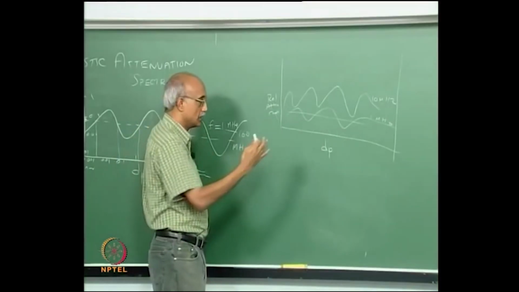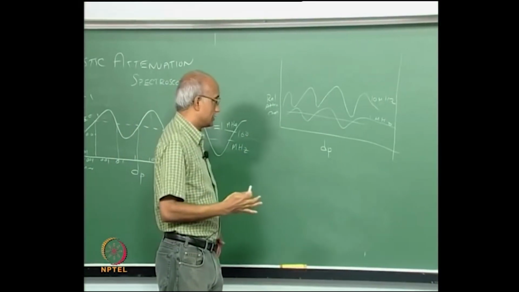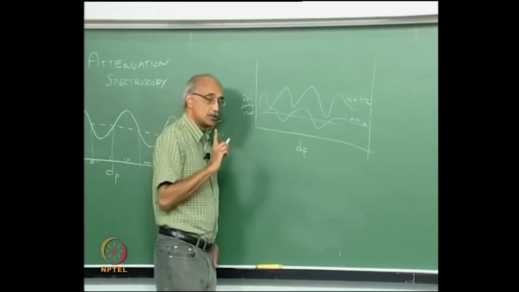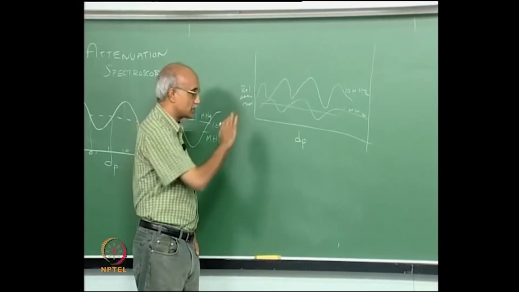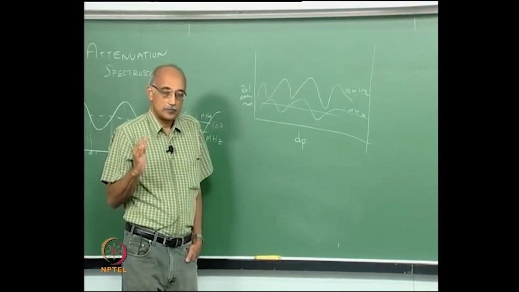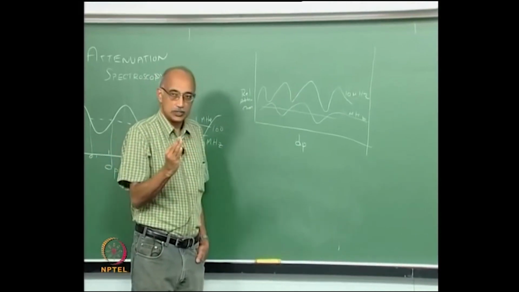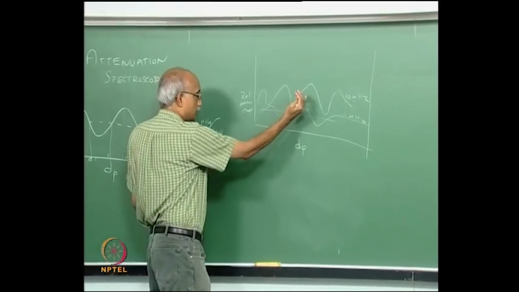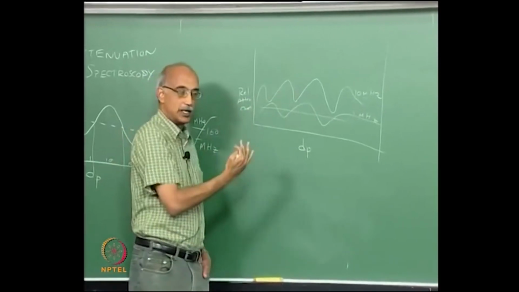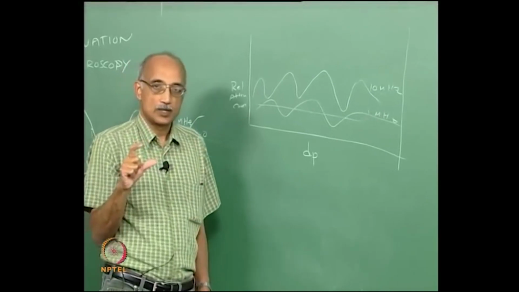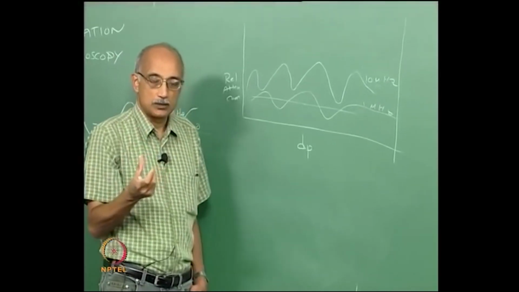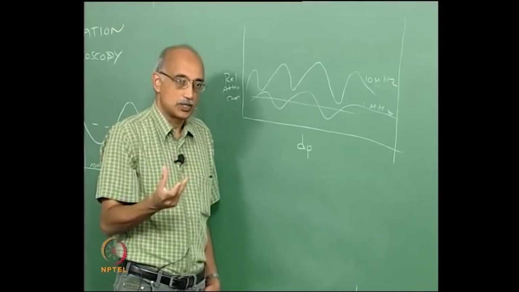If you test at another frequency, then in principle, by the way, these peaks move to the left. I haven't sketched it very well, but as you increase the frequency, the peaks that you see slowly move to the left. In other words, there is a relationship between the wavelength of the light and the diameter of the particle that decides how attenuation happens.